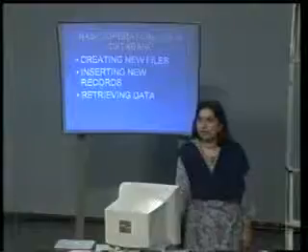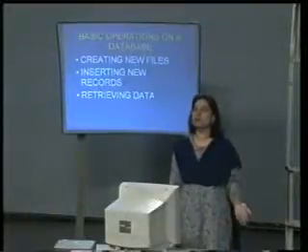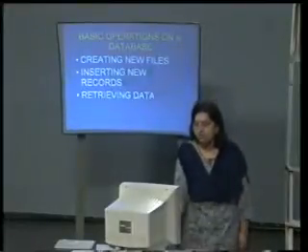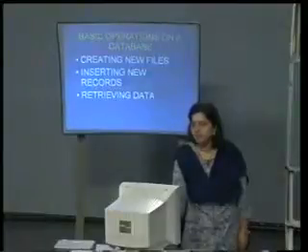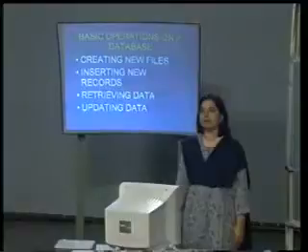Then retrieving data. So whenever we want to know something about a student, we have to retrieve that data from that file. So it should be possible to perform this operation on the database. Then updating the data. So sometimes it may be required that we have to update the data. Say for example, the student changes the course he wants to study.